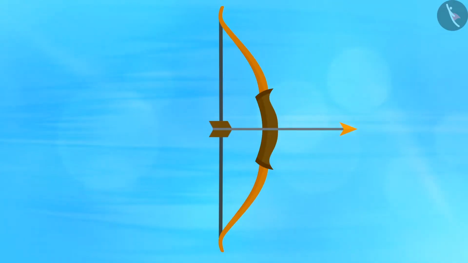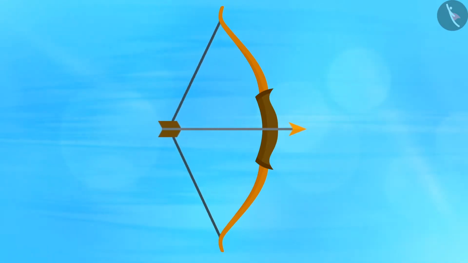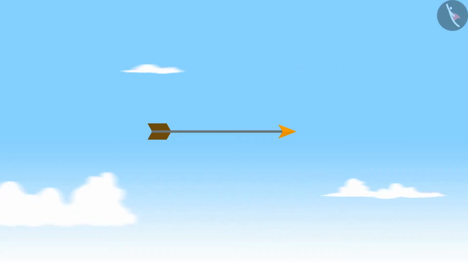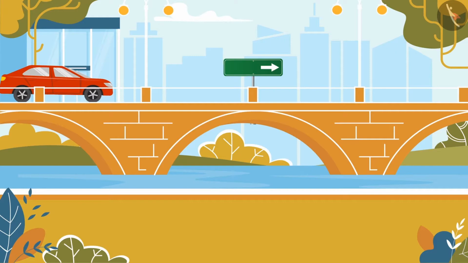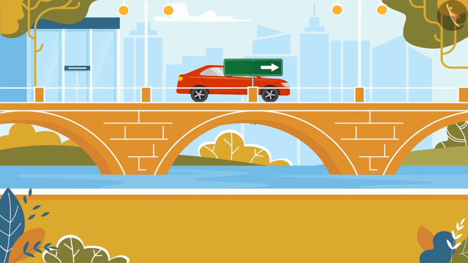In the bow and arrow example we studied earlier, potential energy is stored when the bowstring is stretched, and it is used in the form of kinetic energy to throw off the arrow. Another example would be a running car, where chemical energy of the fuel is converted into mechanical energy, which aids the car to move.